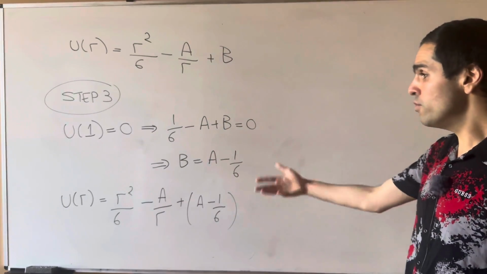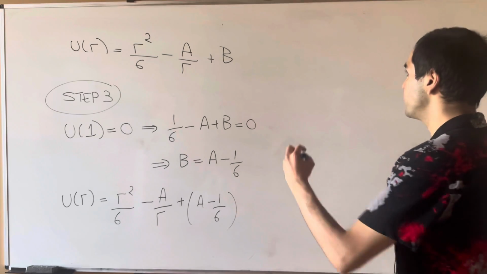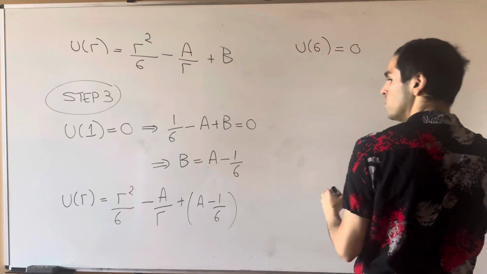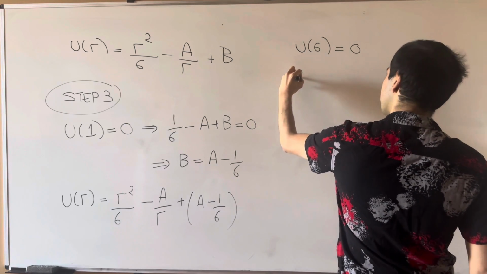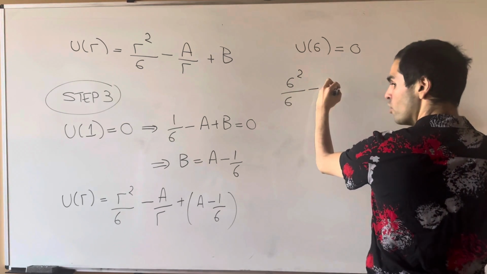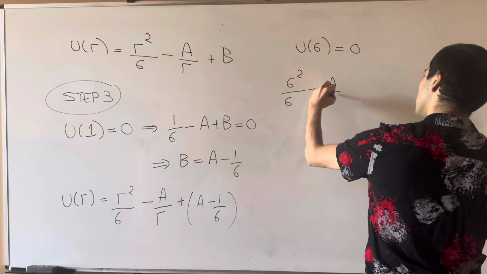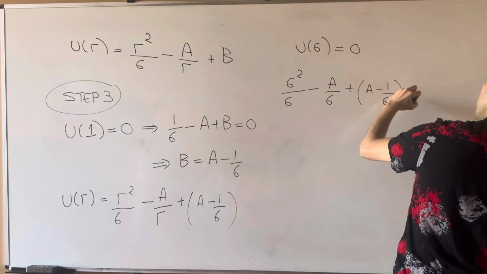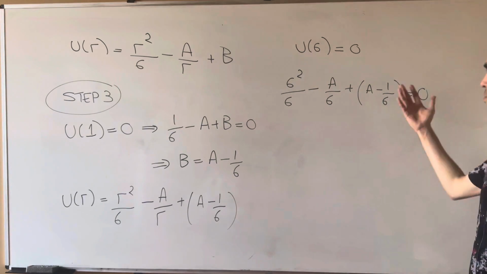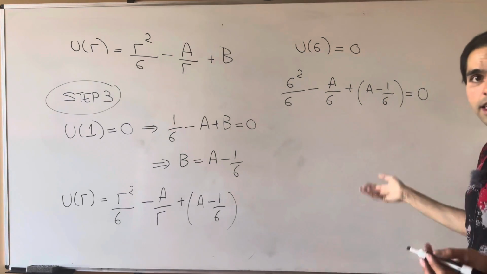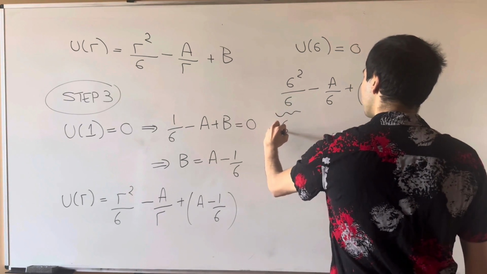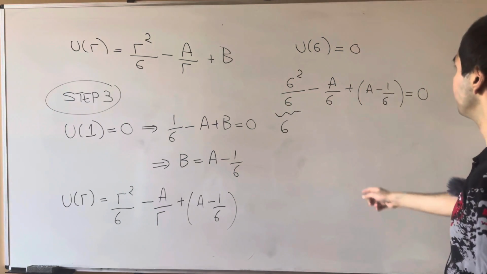And lastly, we just need to plug in r equals 6, because we know u of 6 is 0. So 6 squared over 6 minus a over 6 plus a minus 1/6 is 0, which now is an equation that allows us to solve for a, because 6 squared over 6 is just 6.